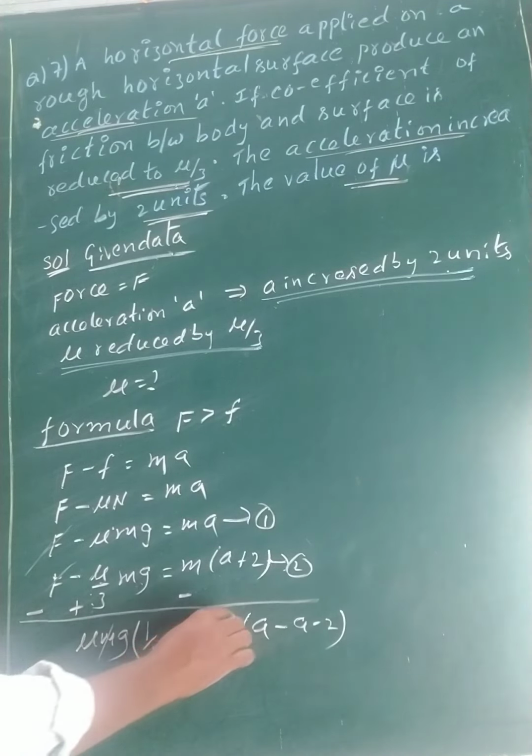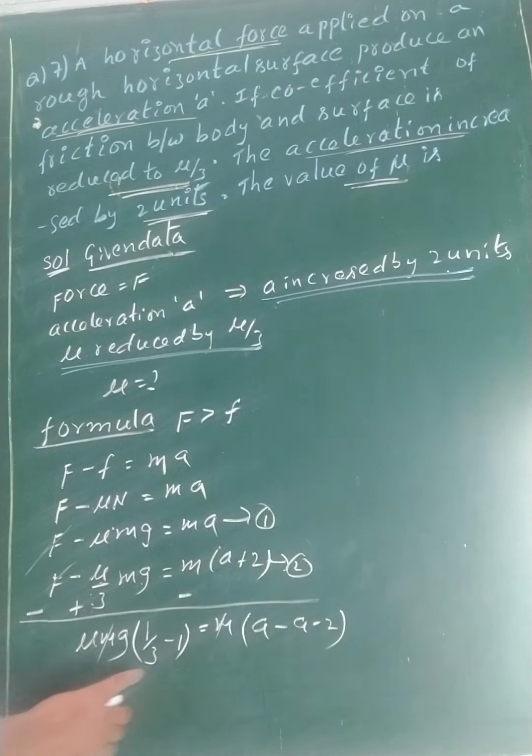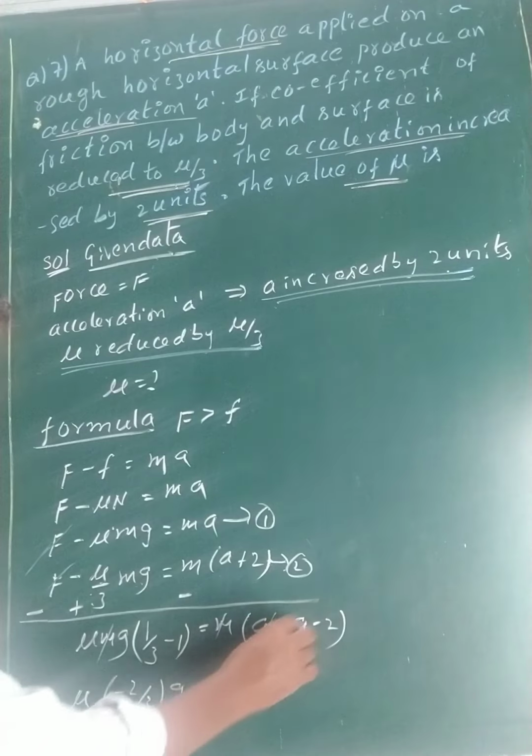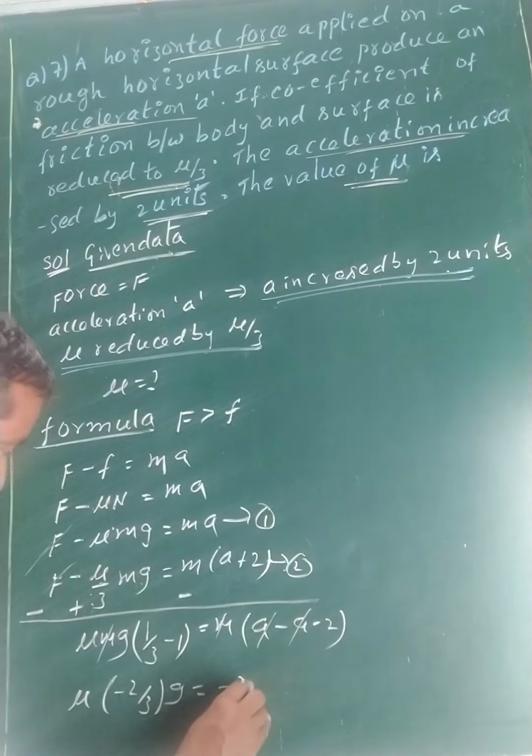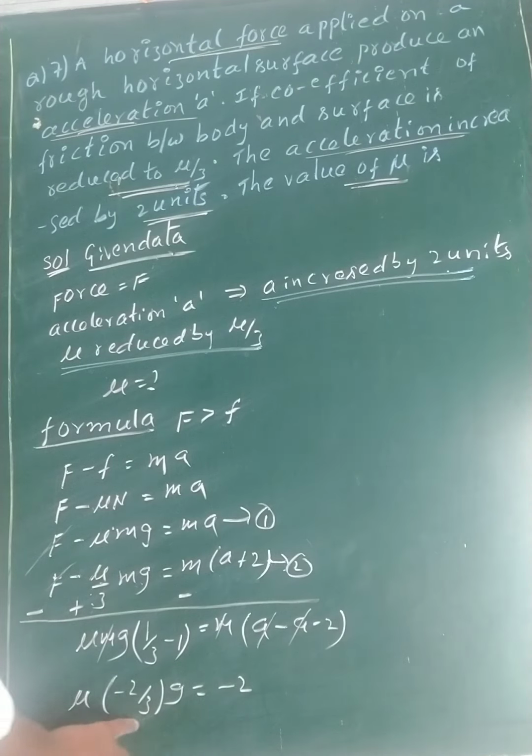In both of them, m is cancelled. Now whatever the LCM, here 3, that we get as mu of minus 2 by 3 into g. Here plus A minus A both get cancelled, minus 2 I am getting. Now in both of them 2 gets cancelled, minus also gets cancelled.